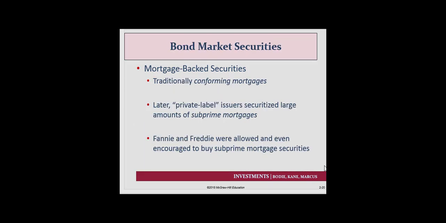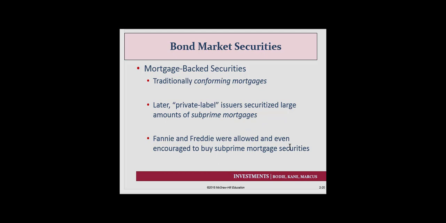So let's continue on. So I kind of conclude this. Traditionally, if you remember our discussion in the earlier chapter, these were all written on what we refer to as conforming mortgages. Later, they started issuing these on what was referred to as subprime mortgages, which made them all riskier.